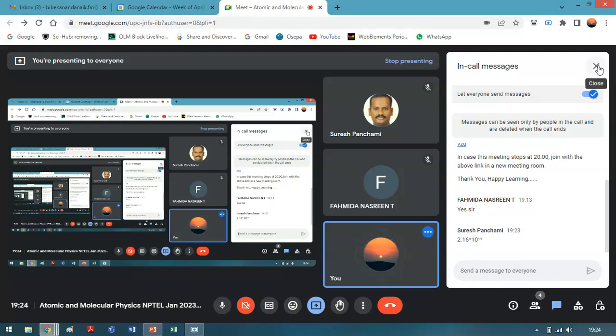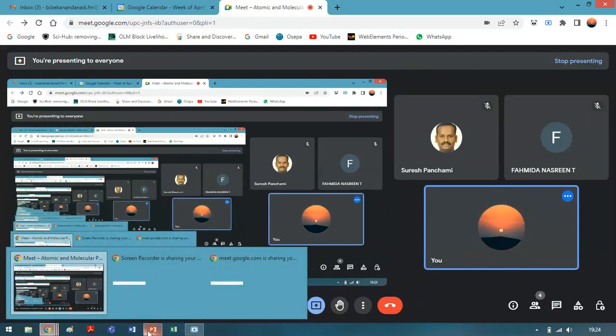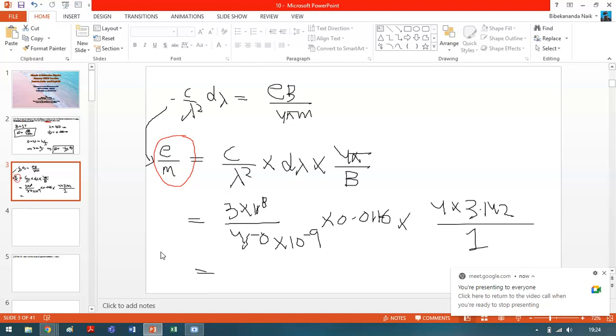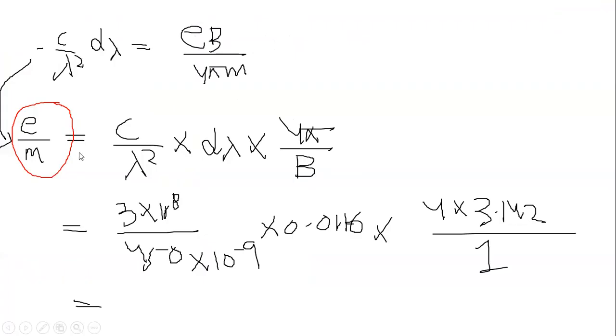You are right. So what we will get if we put all the values, the unit of this E by M ratio will be how much? The unit will be coulomb per kg, because E is in coulomb and mass in kg. So if you put all the values, it will be around 2 or 1.95.